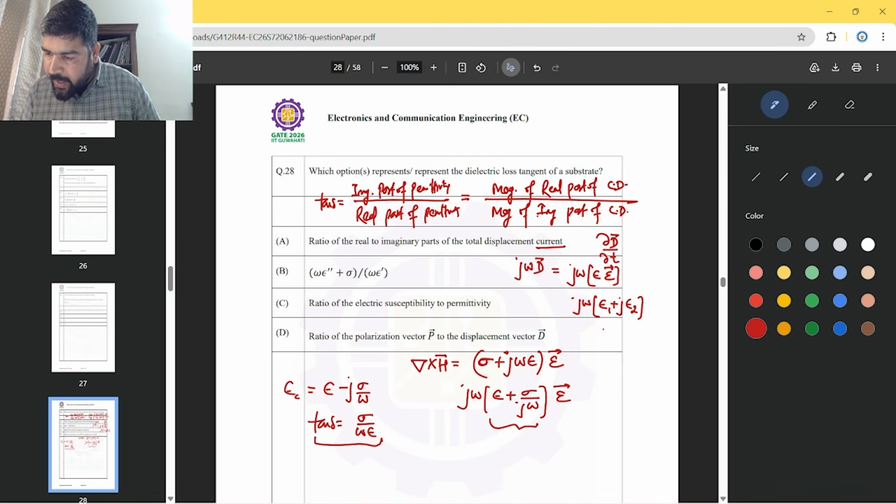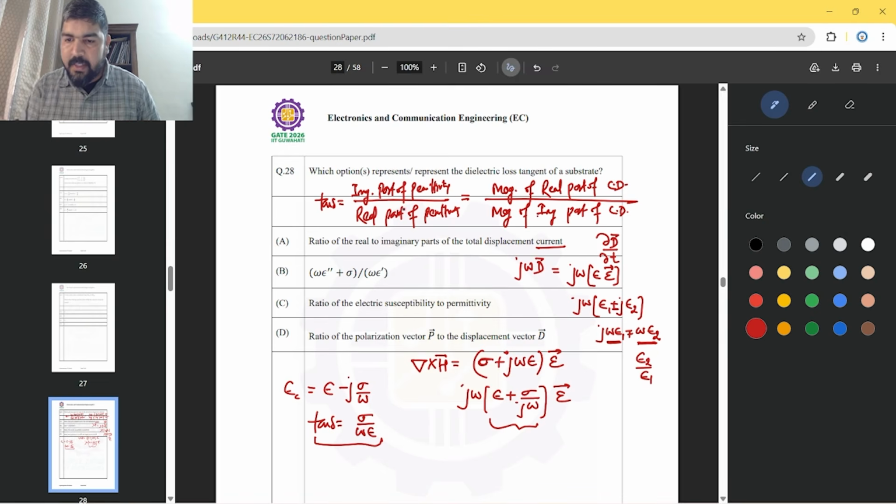If I multiply it, it will become j omega epsilon 1 minus omega epsilon 2. Or you can take plus or minus, it doesn't matter, because the complex part can be positive or negative. This is the displacement current density. Now if you take the ratio of real to imaginary part, this will become epsilon 2 by epsilon 1.